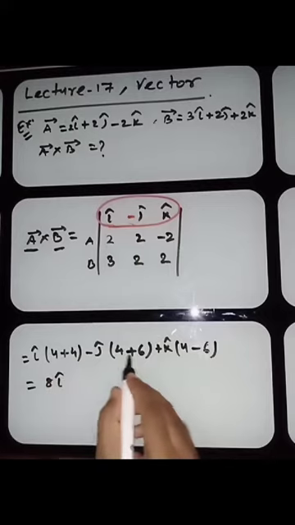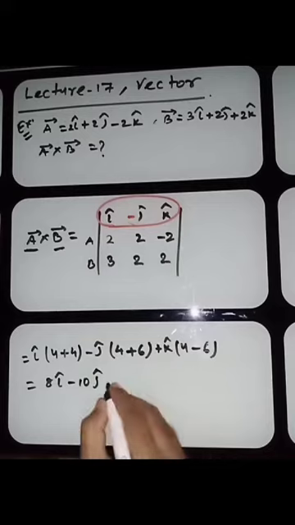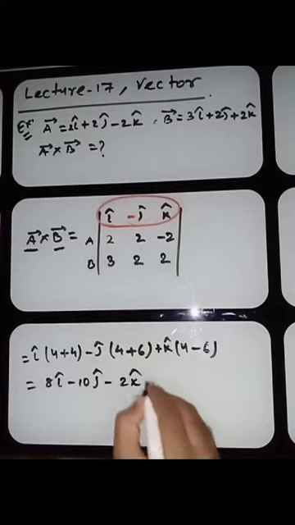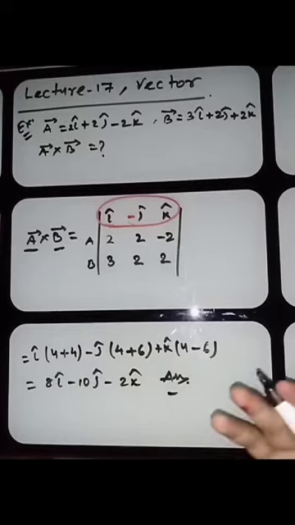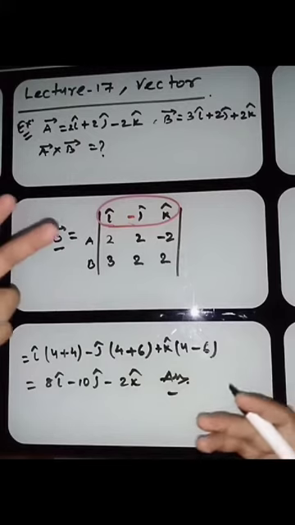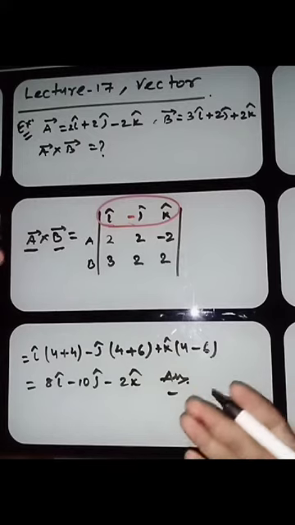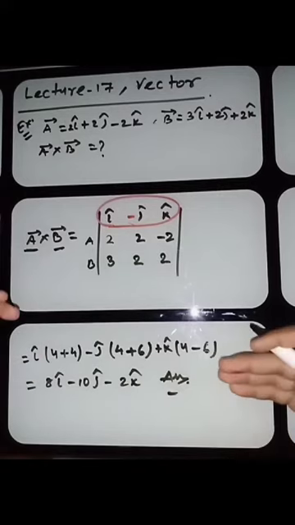You can see minus 10j, and here minus 2k. This is the answer. Now you can verify your answer, my dear students, using the method that you have studied. But you can see this is the simplest way. Okay, there is a very minimal chance of error.